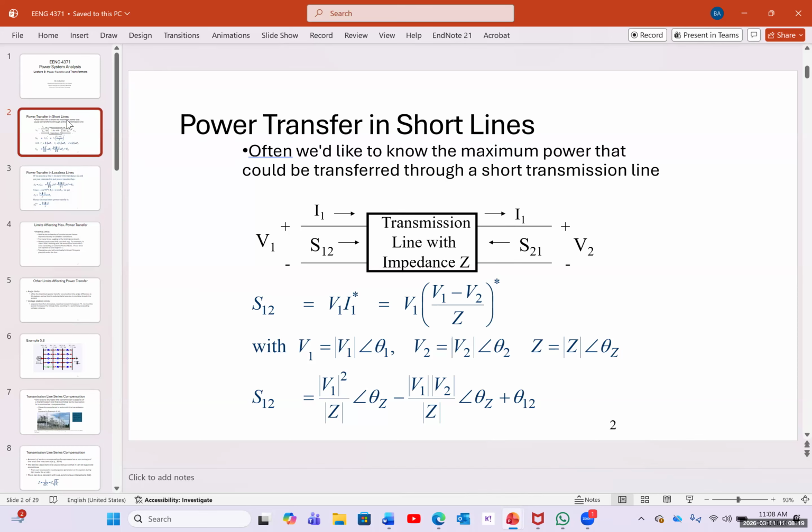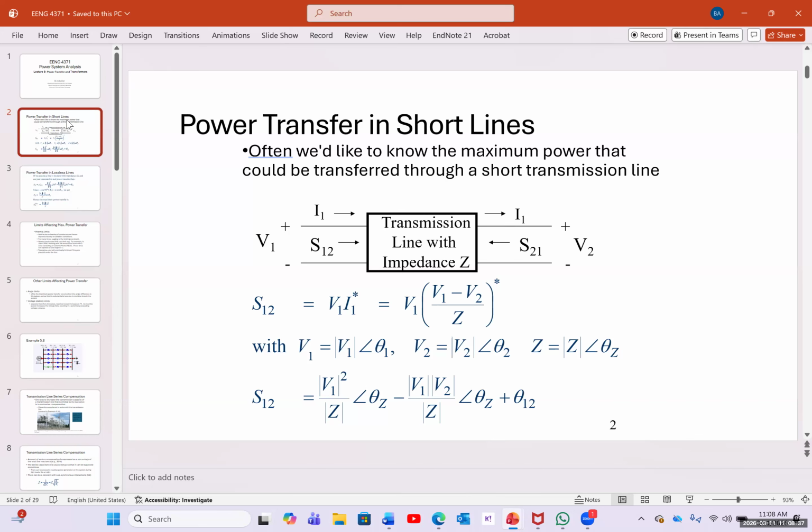We are mostly interested in real power because, as mentioned, reactive power is a type of waste in our system. So when we say maximizing the power transfer, we are interested in maximizing the real power transfer.